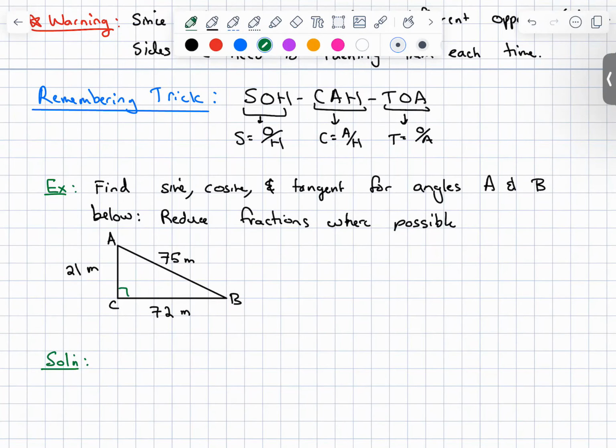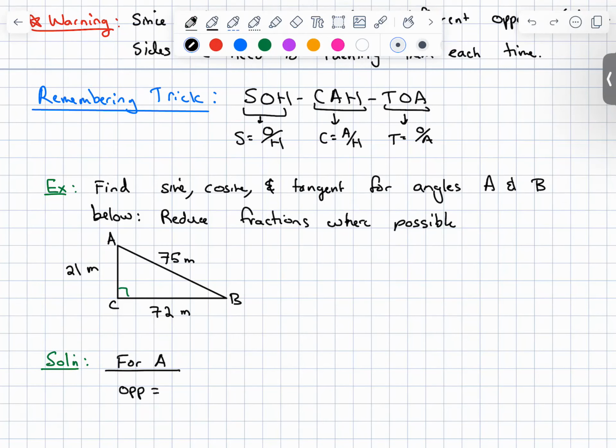But so find sine, cosine, and tangent for angles A and B. So let's first find for angle A. For A, what is the opposite side for angle A? 72. Yes. If you were to draw a line straight out from A, you hit 72 first.